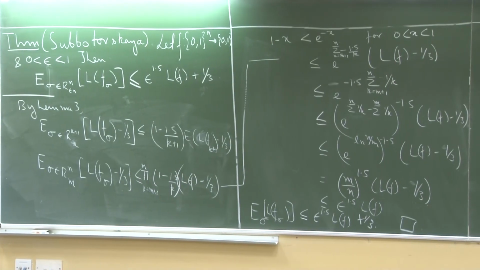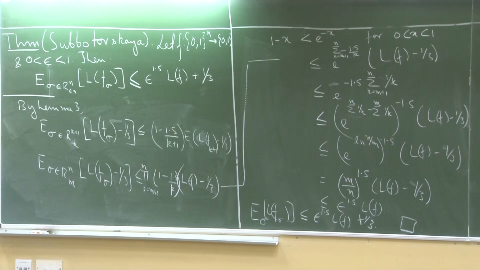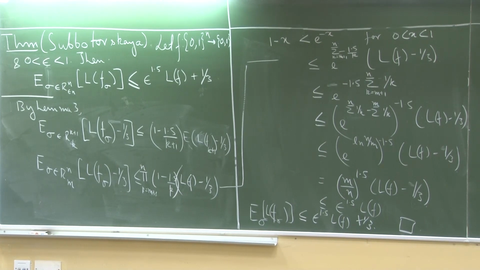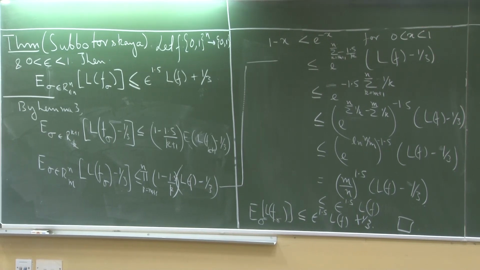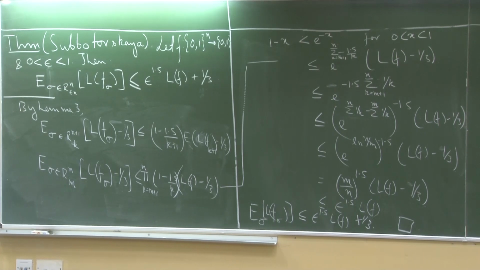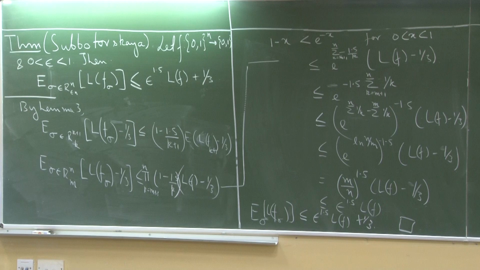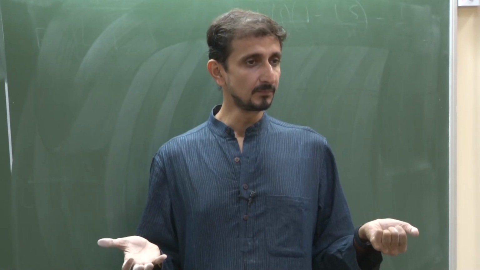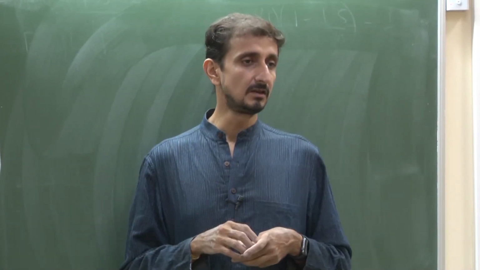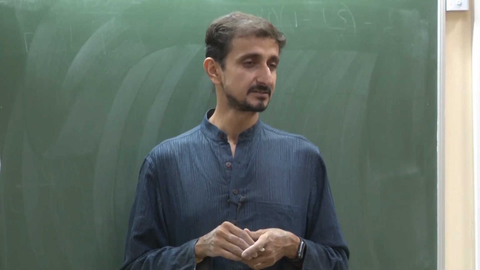Any other questions? So, when will it be 0? Which one? The expected value of size of formula. The expected value will be 0 when that function has a formula of size 0 for all possible restrictions.